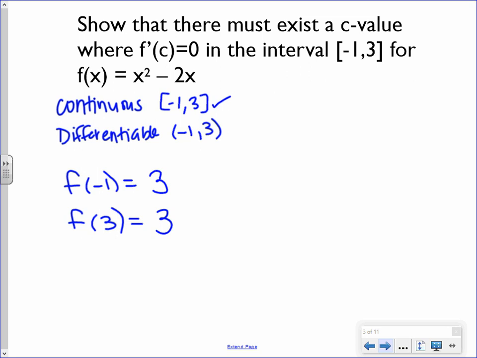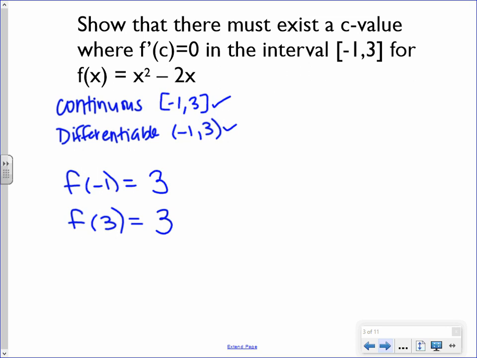Yep. It's a polynomial. Better be. Okay. I am asking that you actually write this down. Continuous, check. Differentiable, check. I need to know that you actually thought of those things. So when you do these problems, I need you to physically write this down.